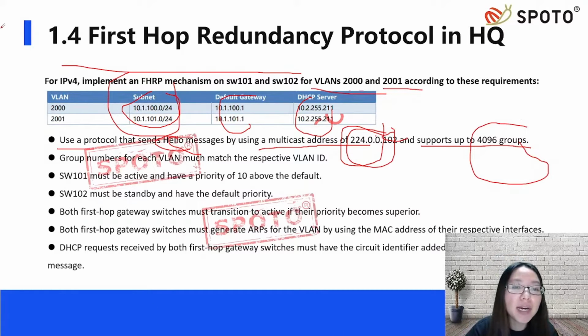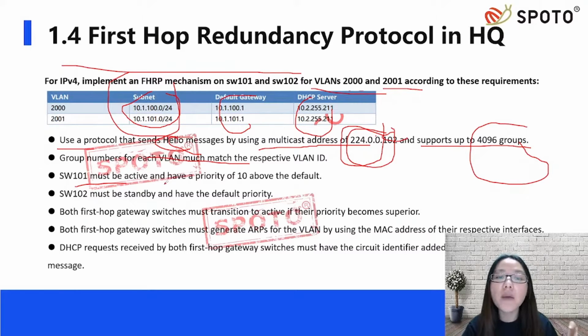Group numbers for each VLAN must match the respective VLAN ID. Switch 101 must be active and have a priority of 10 above the default. Switch 102 must be the standby and have the default priority.